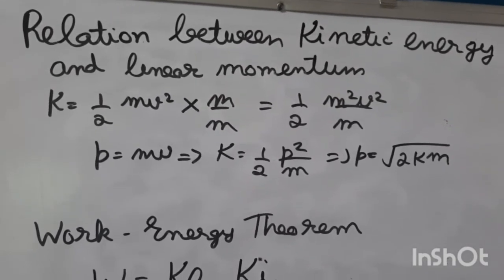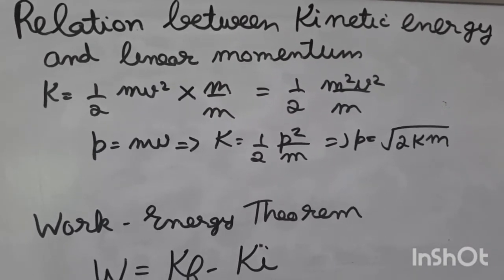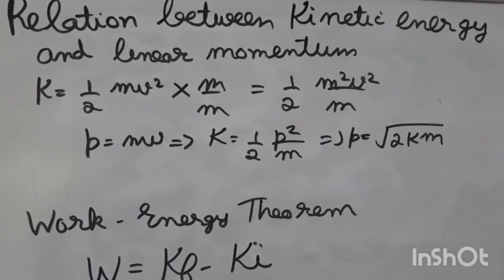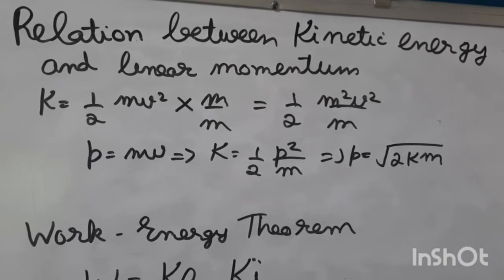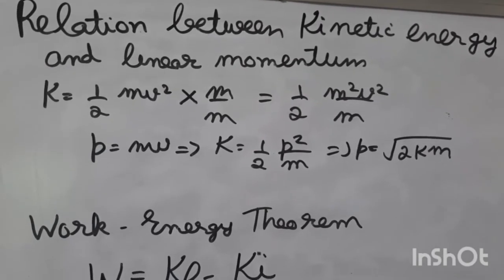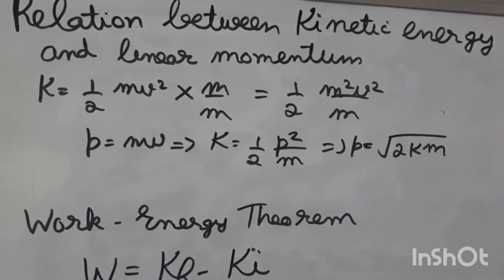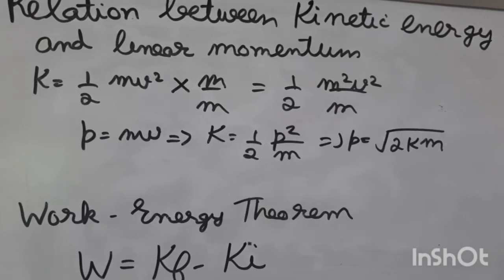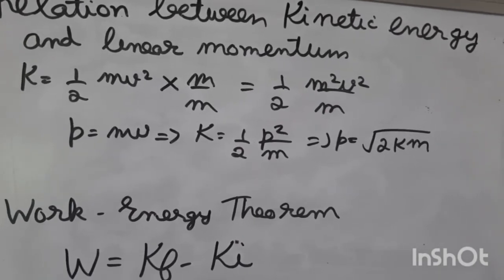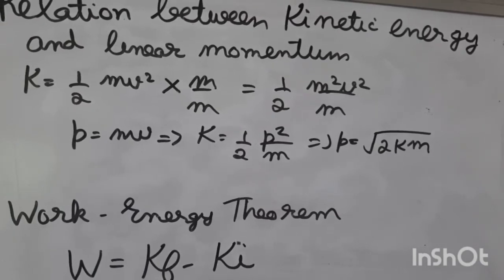So we have k is equal to half p square upon m, or p is equal to under root of 2km. So this is the relation between the kinetic energy and the linear momentum. Kinetic energy is equal to p square upon 2m, and linear momentum is equal to under root of 2km.